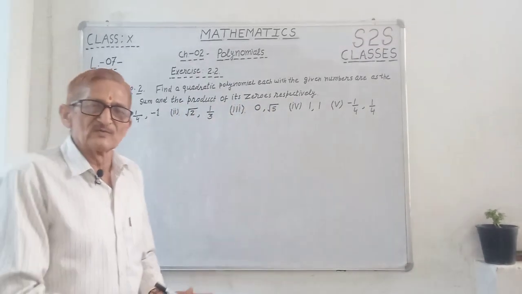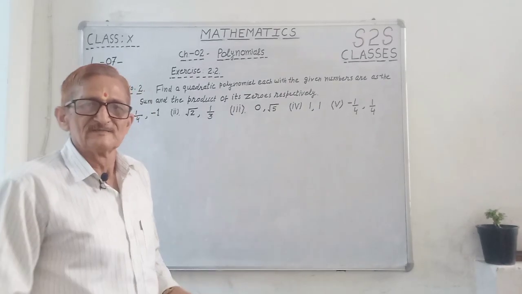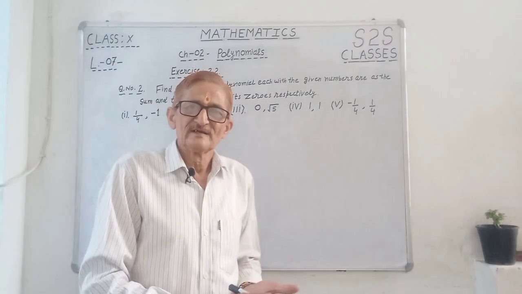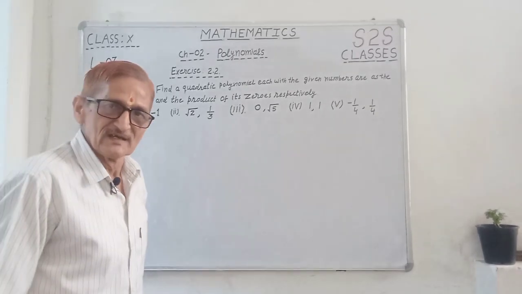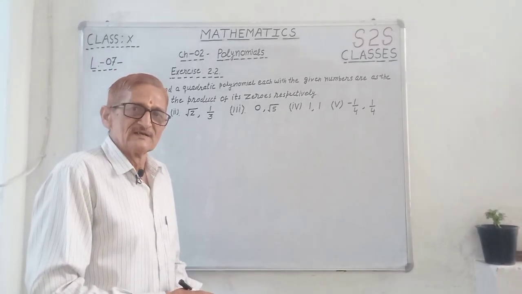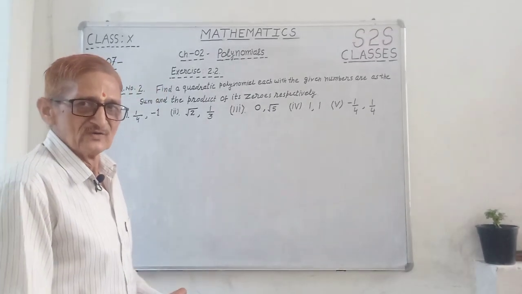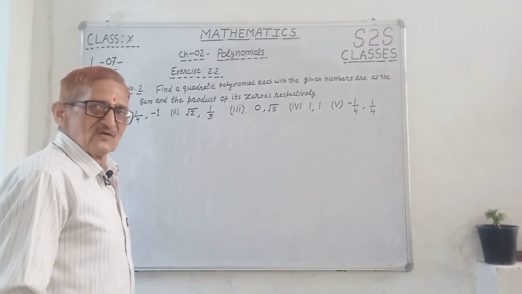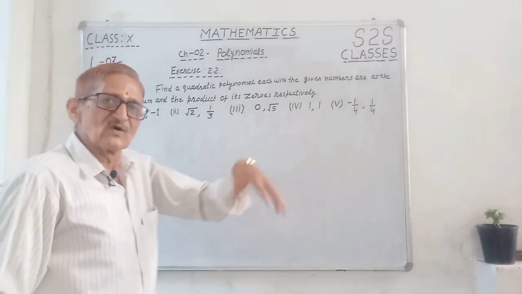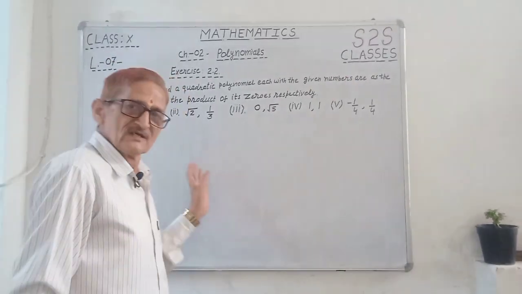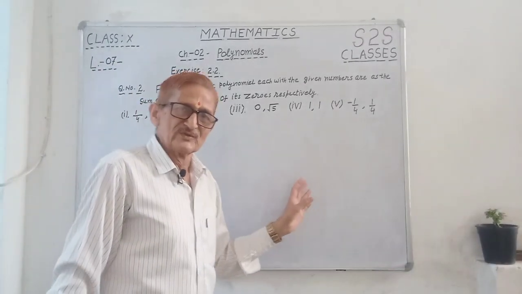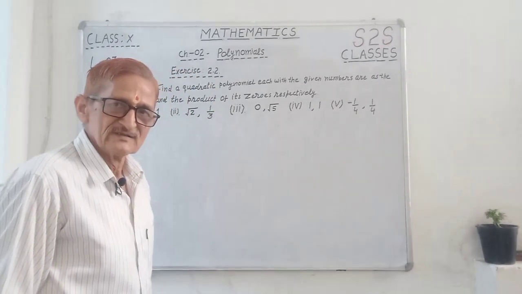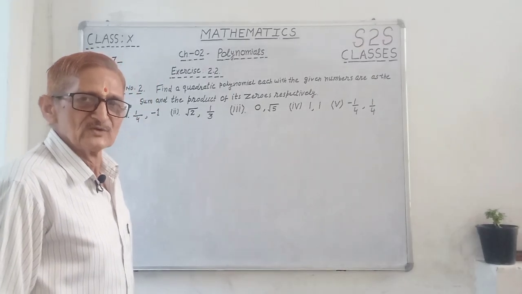You know the sum of the zeros, alpha plus beta, is minus b upon a, and the product of the zeros is c upon a. These were done in lectures 5 and 6. Now we have to find that quadratic polynomial whose sum of zeros and product of zeros are given. Now how can we do this?